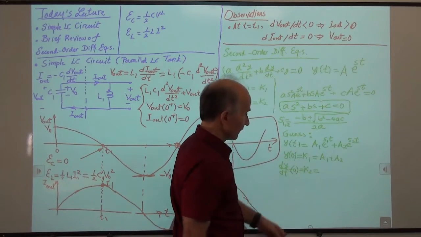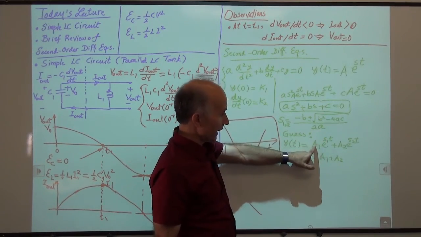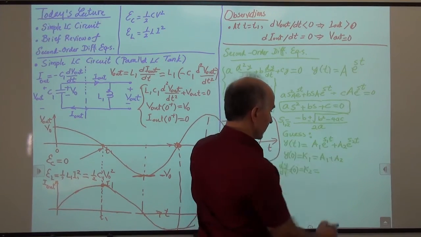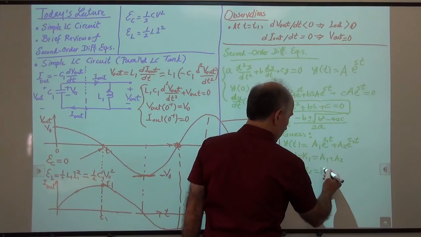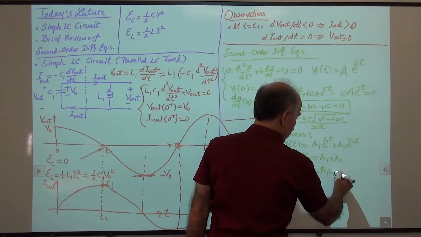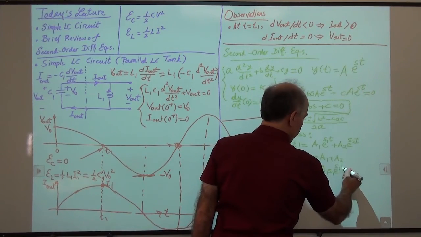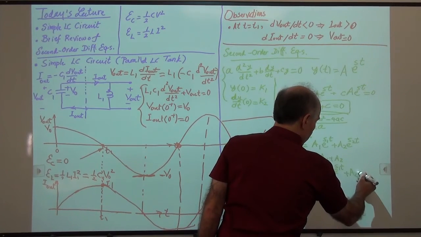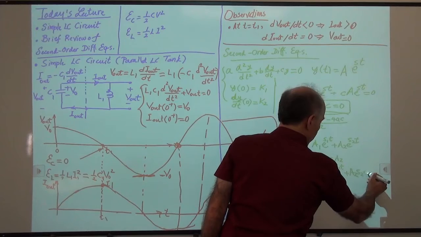How much is the derivative? It's s1 a1 e to the s1t plus a2 s2 e to the s2t.